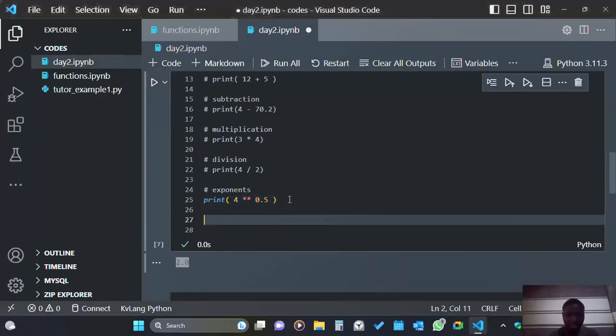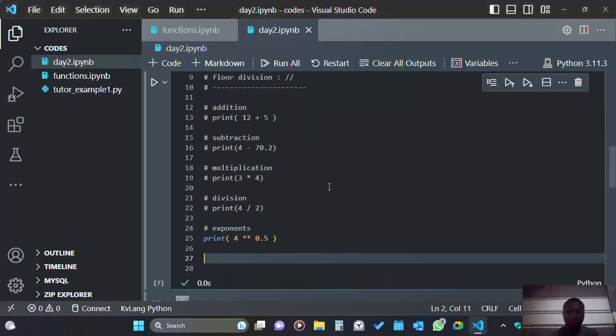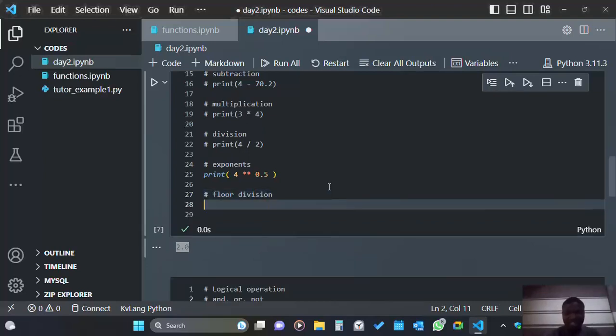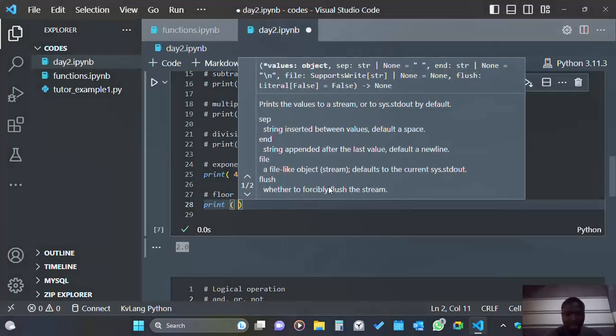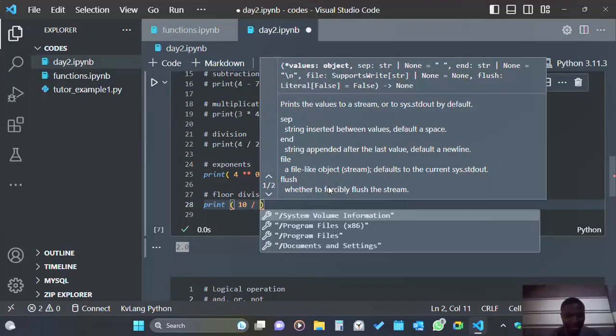So let us look at the last operation, and sometimes it confuses people: floor division. Now floor division is just like the normal division that we do, except that the computer will round the value down. So let me say print 10 divided by 3.